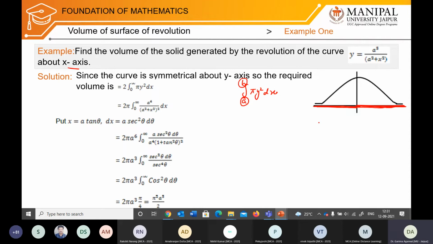So what will be the limit of x? Any idea? Minus infinity to infinity, right? If I take 0 to infinity, that means we need to multiply the entire integral by 2, right? 2 times 0 to infinity, or minus infinity to infinity.